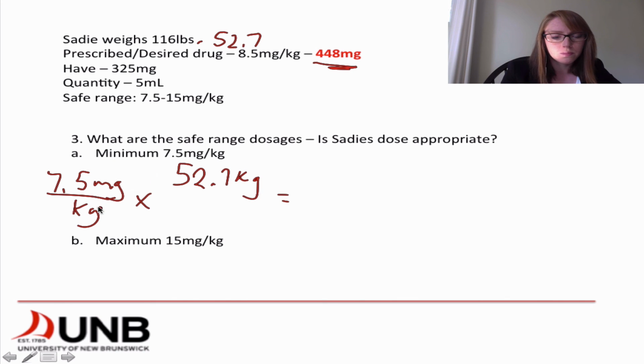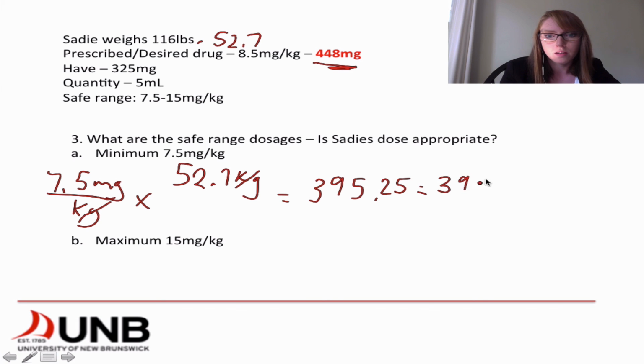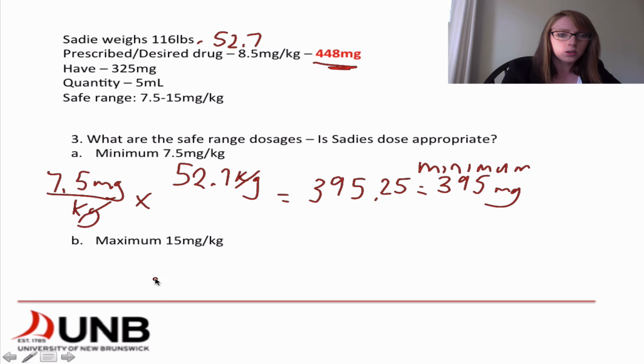Again, we want these units to cancel out. They're going to cancel out. So the minimum is going to be 395.25. We're not going to give 0.25 of a milligram, so our answer is 395 milligrams. So this is our minimum. So let's do our maximum now. Same thing, just different numbers.